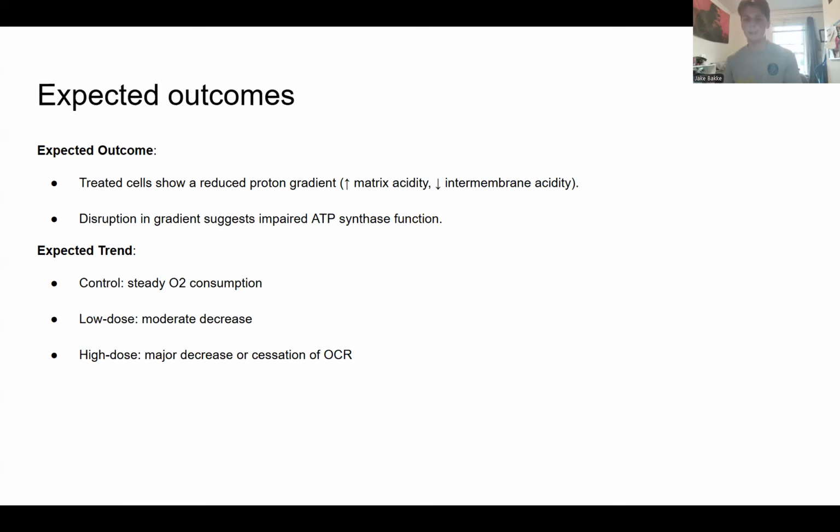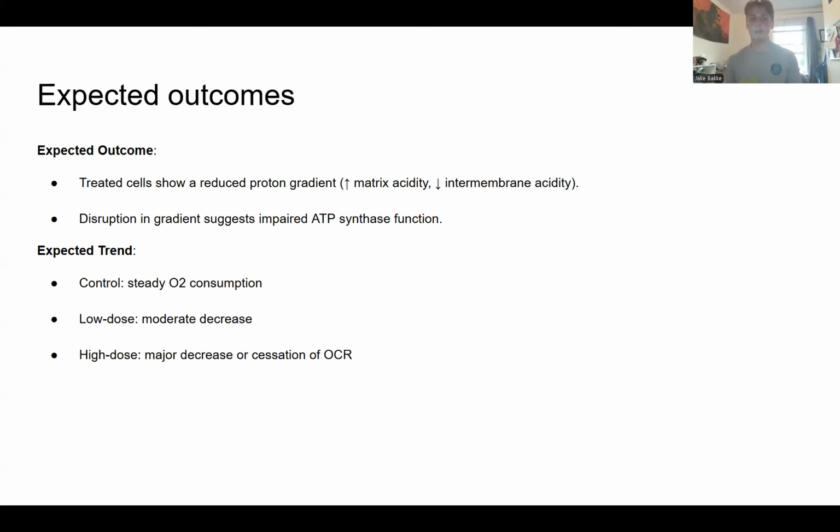And then our expected trend for the O2 monitoring is that our control group would continue to have a steady O2 consumption because there's nothing hindering the electron transport chain at all. The low dosage, we would expect a moderate decrease in O2 consumption due to the inhibition.